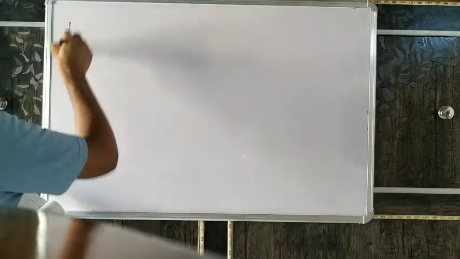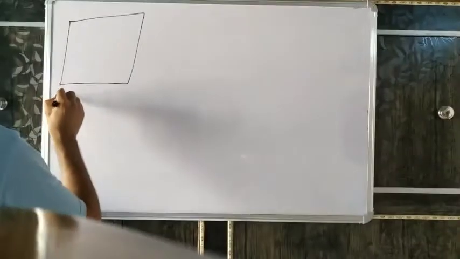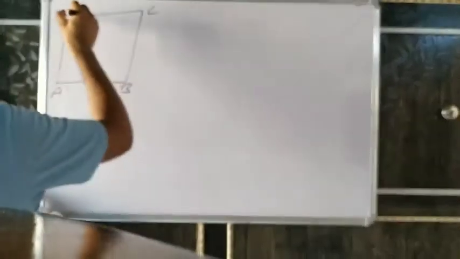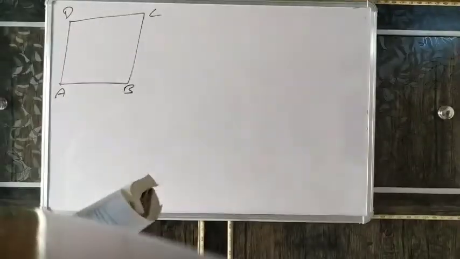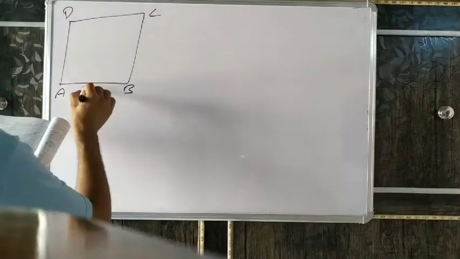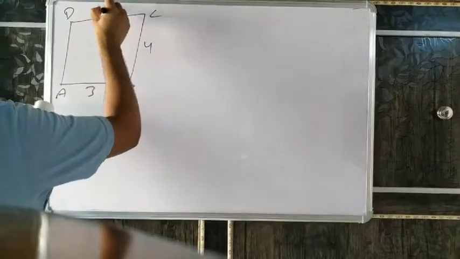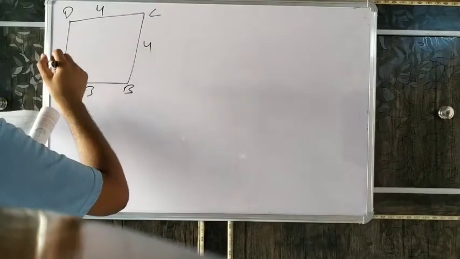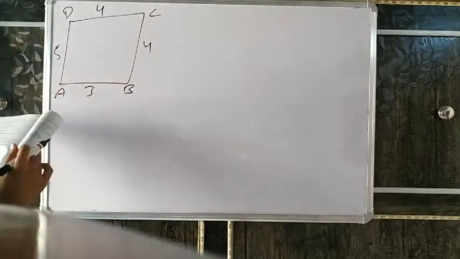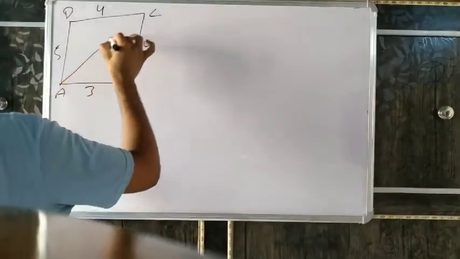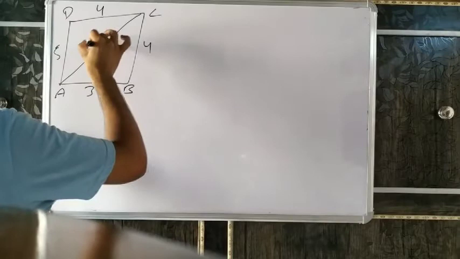And these are some lengthy questions. Next is find the area of a quadrilateral ABCD, in which AB is 3 centimeter, BC is 4 centimeter, CD is 4 centimeter, DA is 5 centimeter and AC is how much? 5 centimeter.